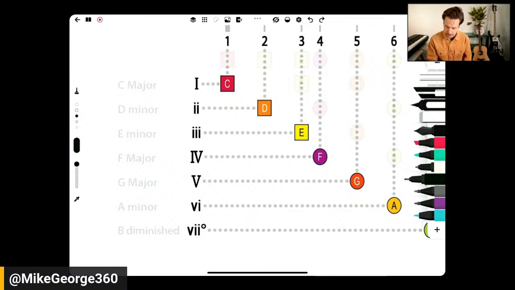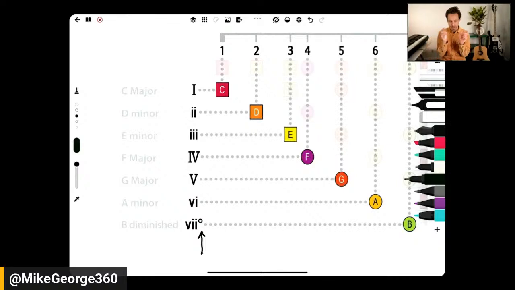Also, the diminished chord here, B diminished, because it's built by 2 minor third intervals with that diminished fifth, has a special quality. It's not only minor, it's diminished, meaning it has 2 minor thirds, which are especially kind of weak sounding.